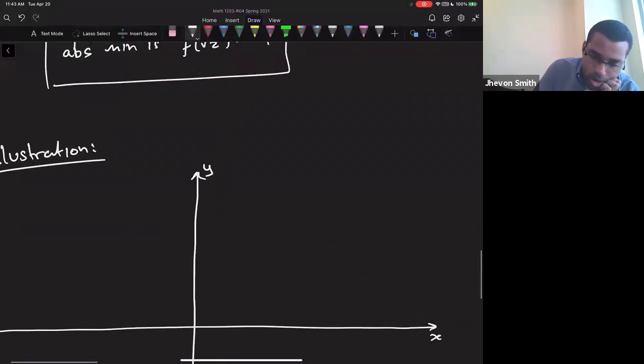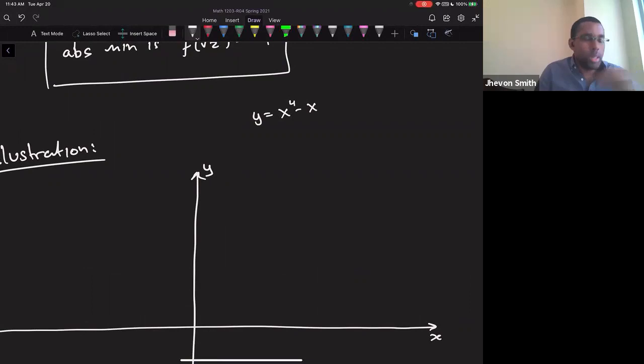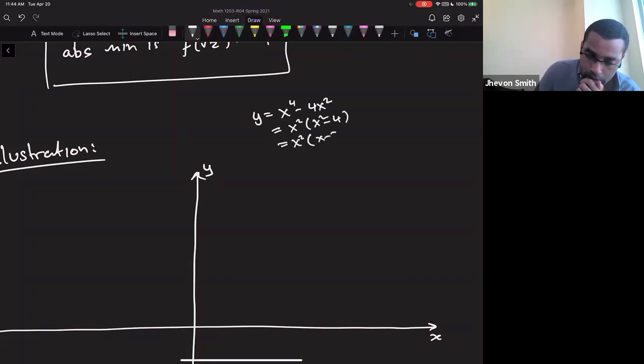We have y equals x to the fourth minus 4x squared. This means I can factor out an x squared, leaving x squared minus 4, and factor that into x minus 2, x plus 2.